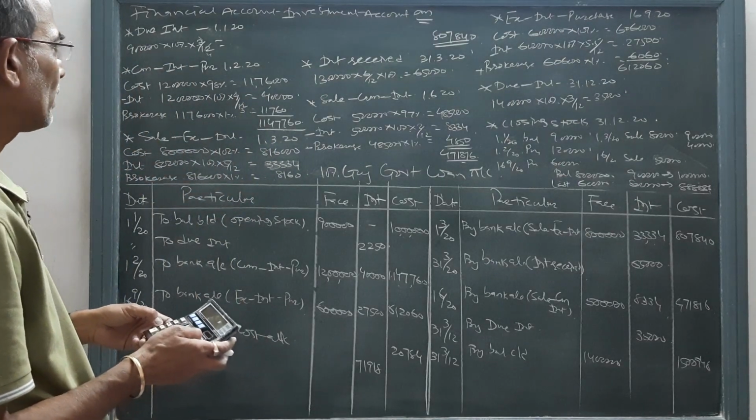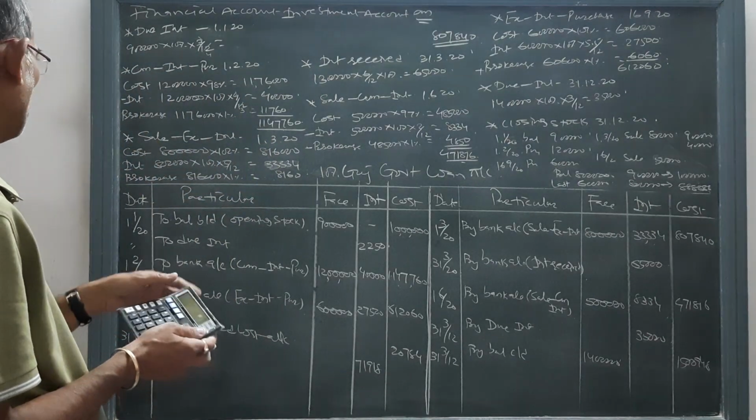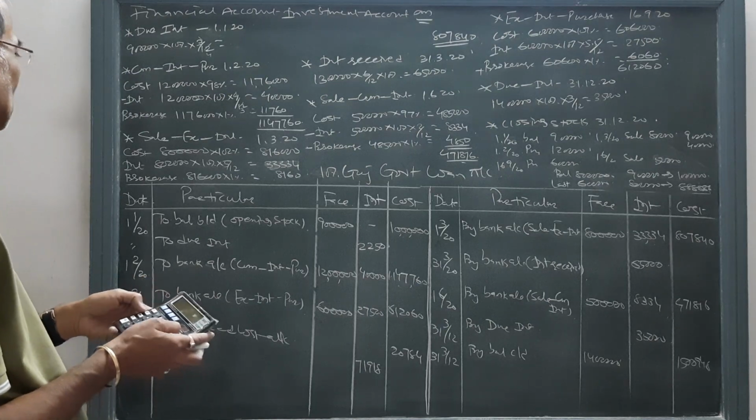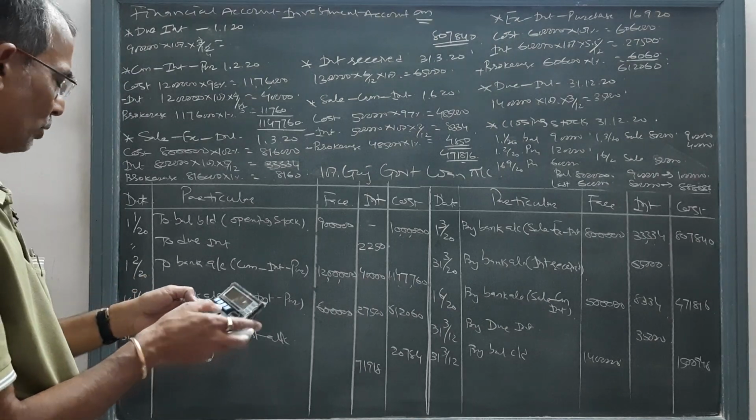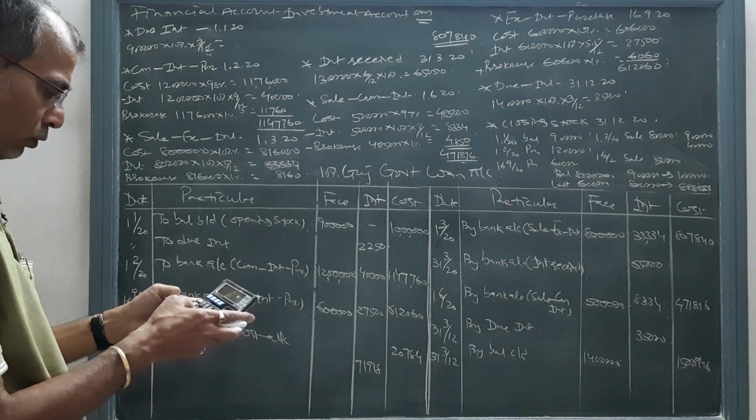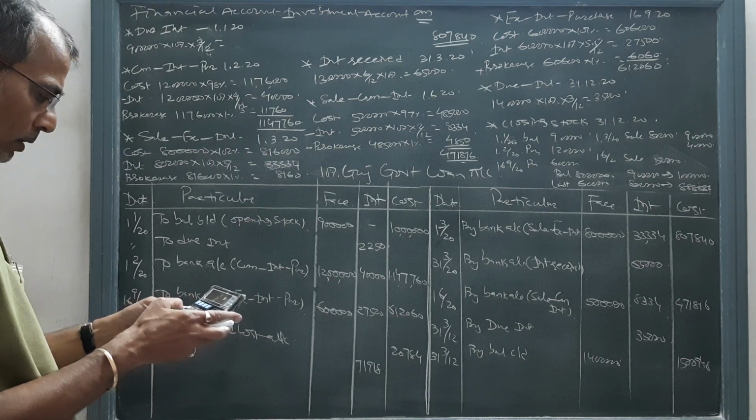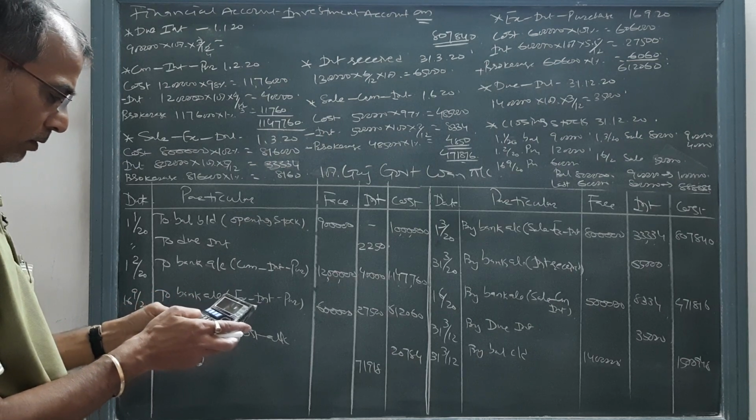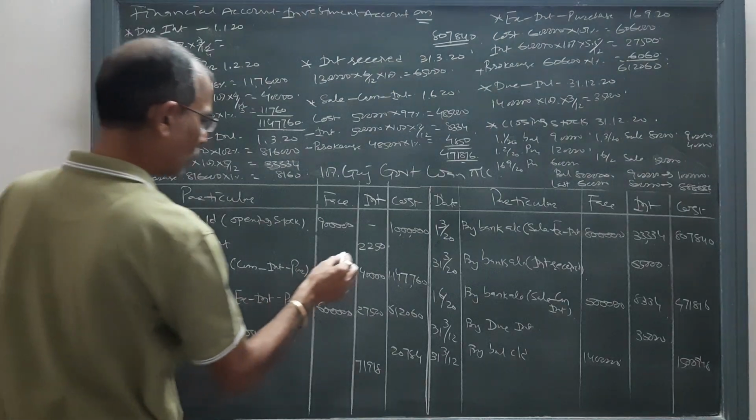Let me first check the due opening interest. That must be 9 lakh into 3, that is 22,500.